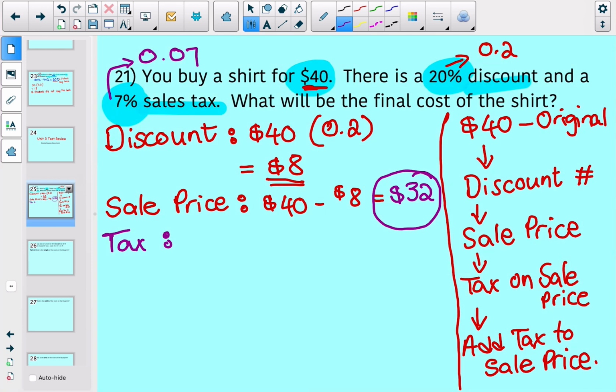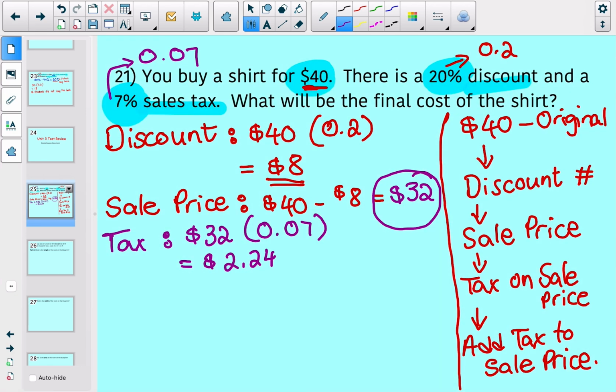So I am multiplying $32 with 0.07, and this should give me $2.24.